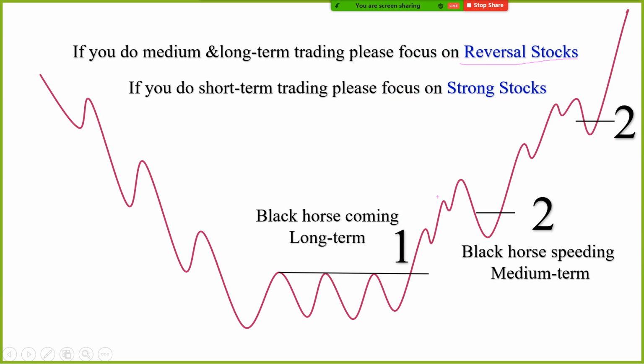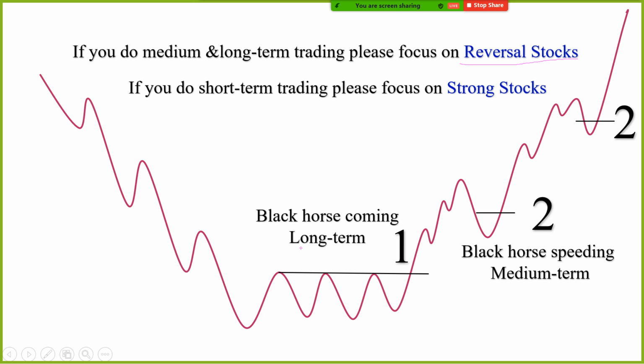Like Alibaba, okay? You see the price dropped a lot, you prefer to buy. But nobody knows whether the downtrend has already stopped. We can wait for the trend to reverse, then we can buy. We don't need to buy so early, just because you see the price dropped down a lot.